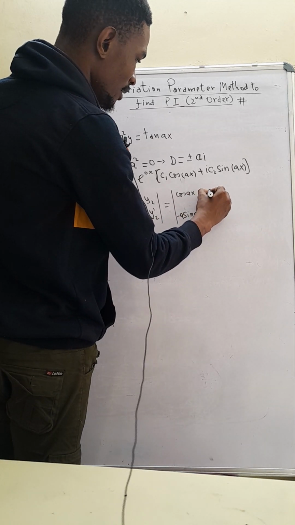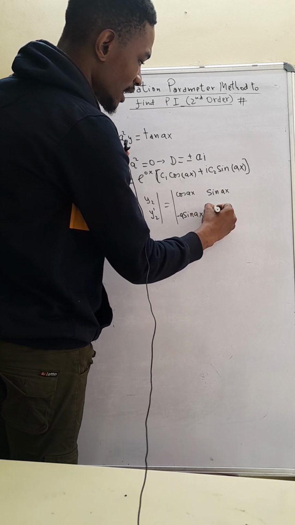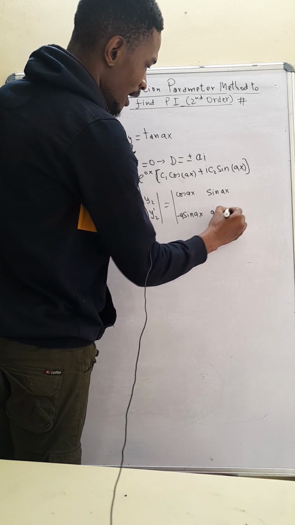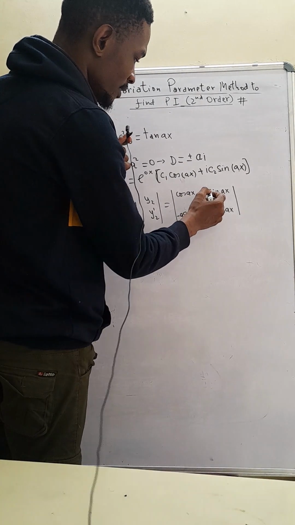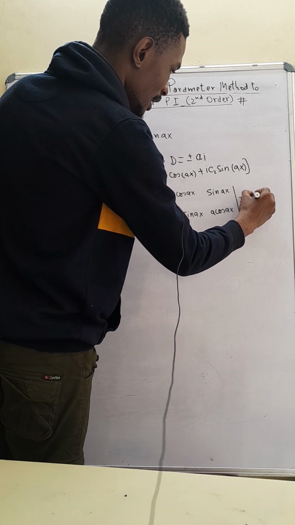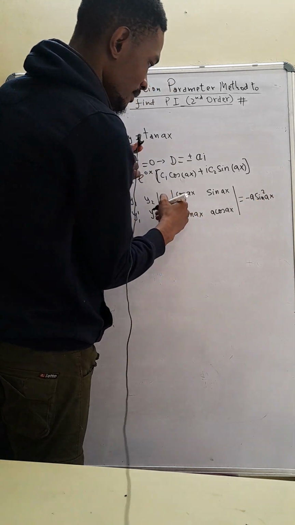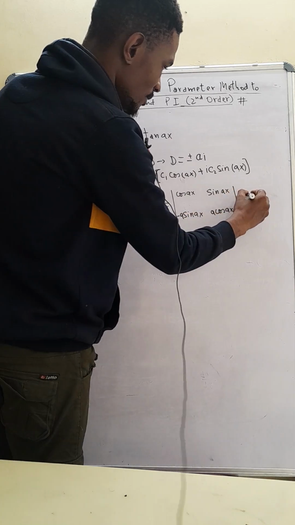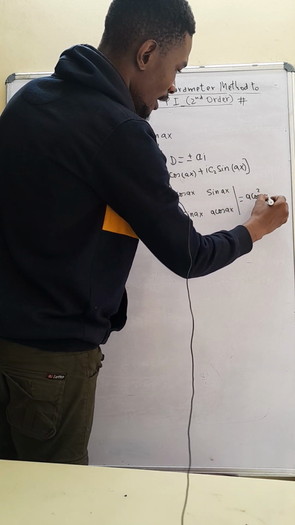Then the same here, sin ax, the derivative of this is cos ax, a out. Now find your Wronskian. This times this and this times this.